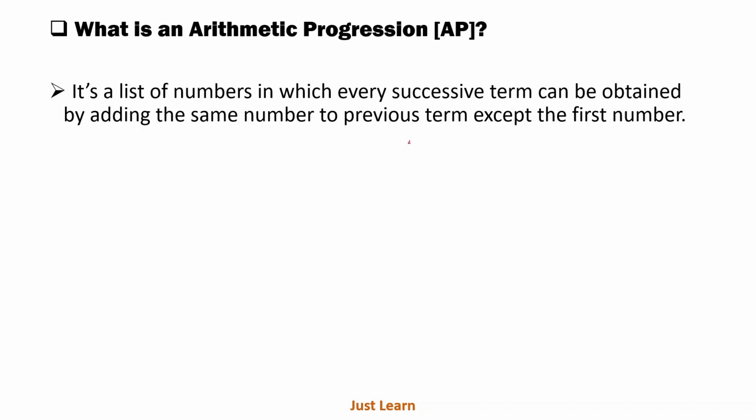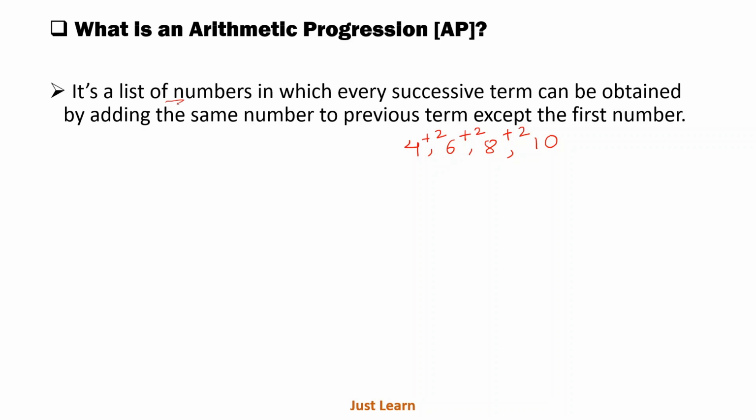So let's say you have this bunch of numbers 4, 6, 8, 10. If you add plus 2 to the previous number, you get the successive number, that is 6. If you add plus 2 to 6, you get 8. And similarly, if you add plus 2 to 8, you get 10. So let's understand the definition once again.